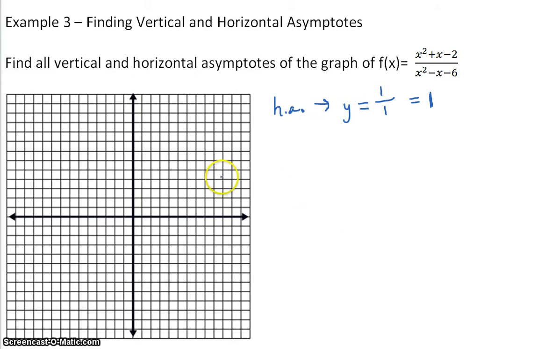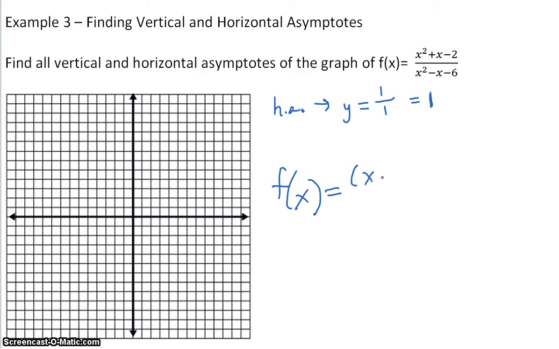So what we need to do now is describe where the vertical asymptotes are. And the way that you do that is you have to say, well, let's take a look at this function a little bit closer. And I'm going to factor both the numerator and the denominator.